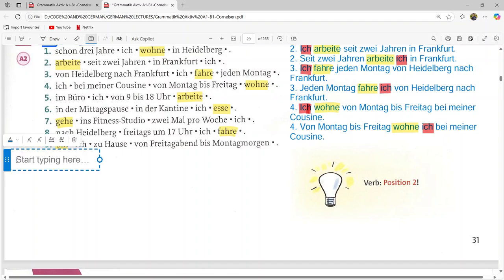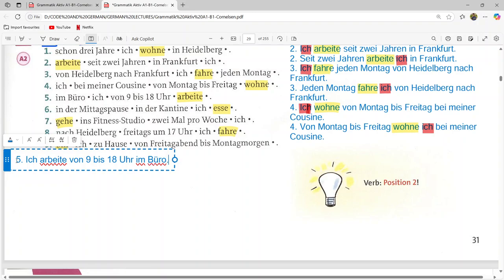Number 5. Okay, ich arbeite von 9 bis 18 Uhr im Büro. Okay, like this.